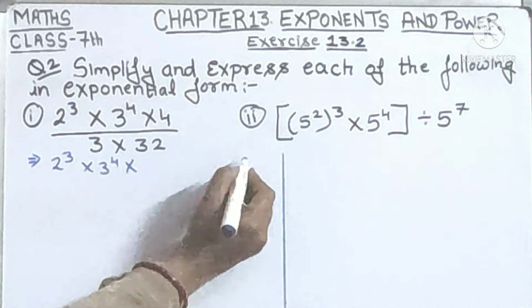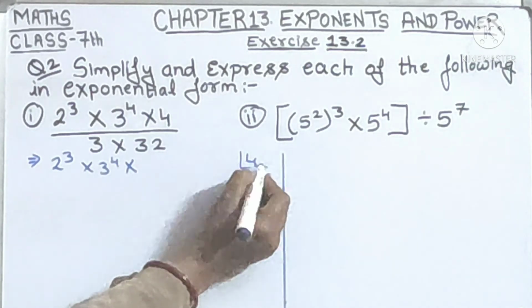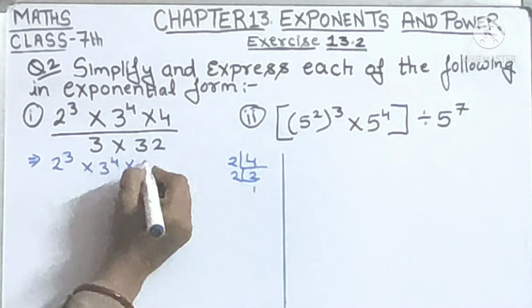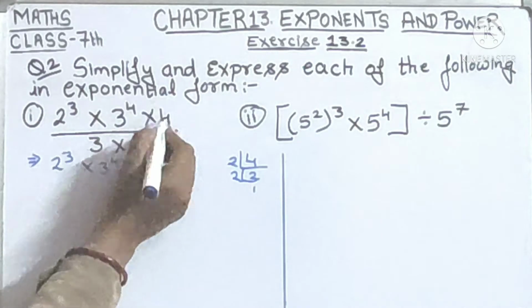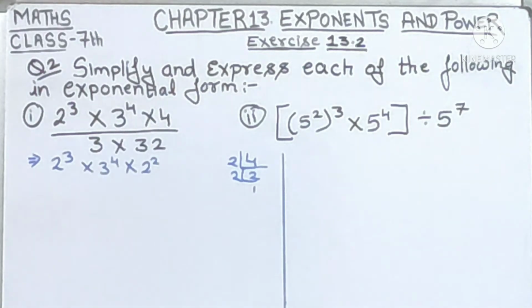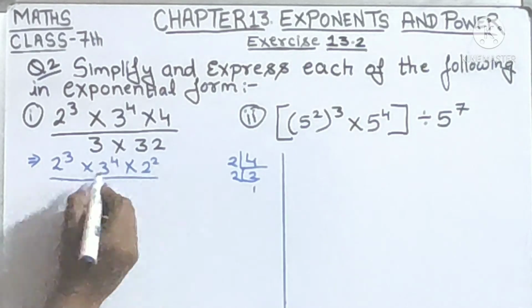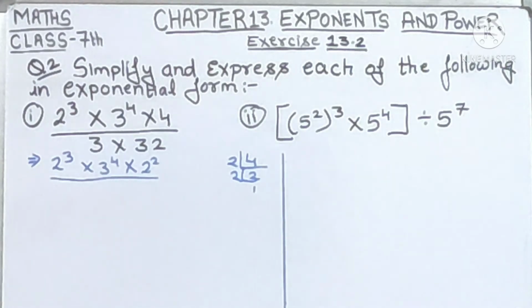And here 4 is written. For the 4, we can write 2 2s are 4, and that means we can write it as 2 square. We have broken down this 4 into 2 square. In the same way, any bigger number you can break into smaller numbers by finding the LCM.